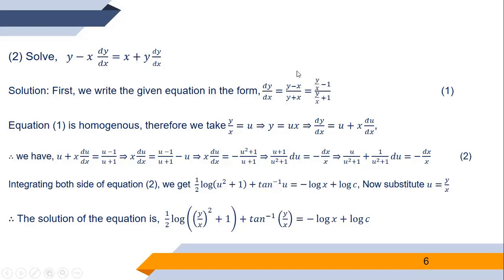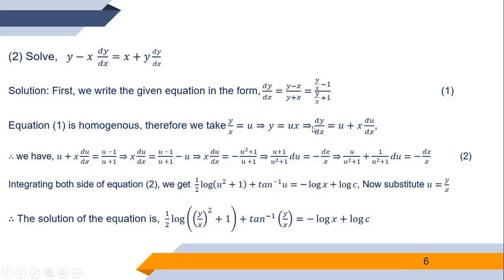So now this is the homogeneous equation, first order, first degree. So y/x = u. So we write y = ux. And obviously we take the derivative on both sides with respect to x. So dy/dx = u + x du/dx.